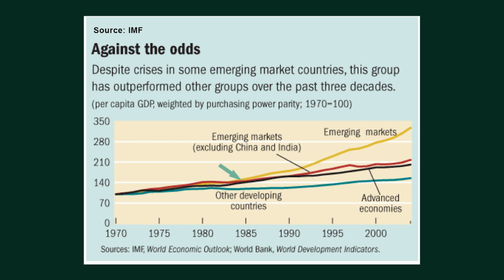There also, it's much higher up than the advanced economies or other developing economies. So, as we can see from the chart, emerging market economies, the group of developing countries that have actively participated in financial globalization, have clearly registered better growth performance on average than those countries that have not yet participated.